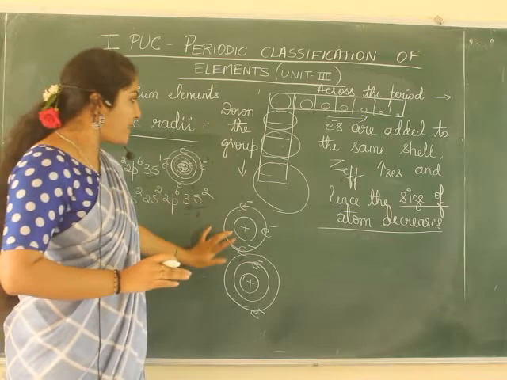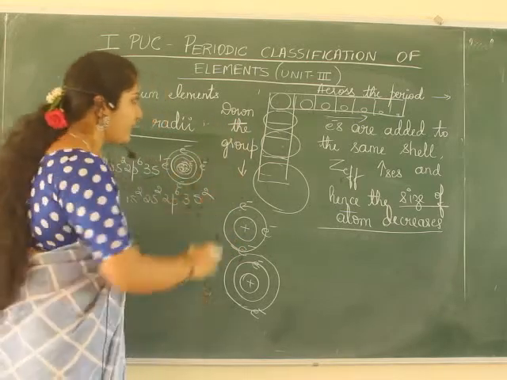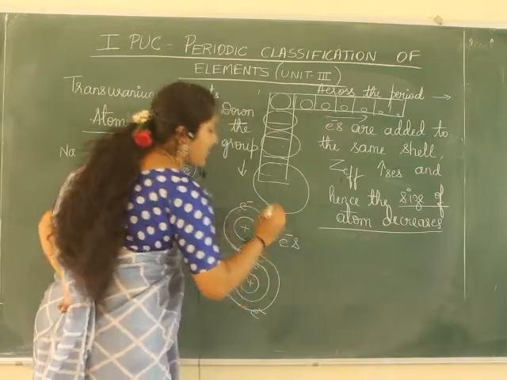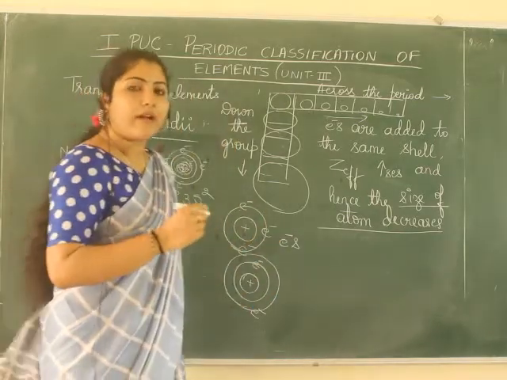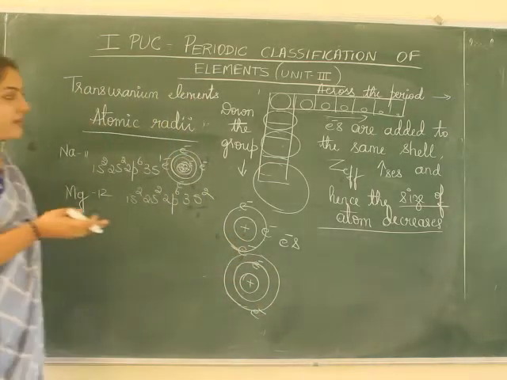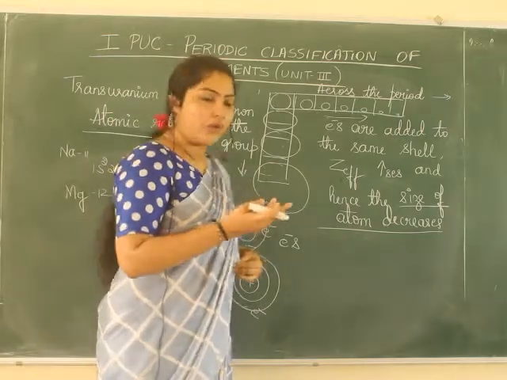So how do you have to explain? Down the group, for that you will be writing the explanation. Sometimes they can ask you the reason of why atomic size increases down the group, why it decreases across the period, all those.